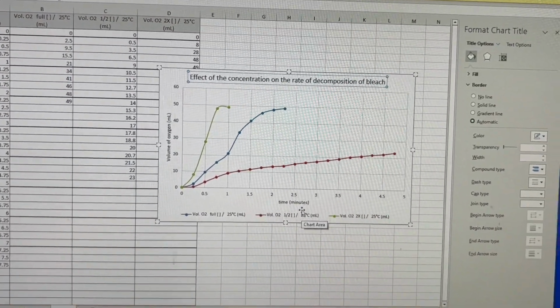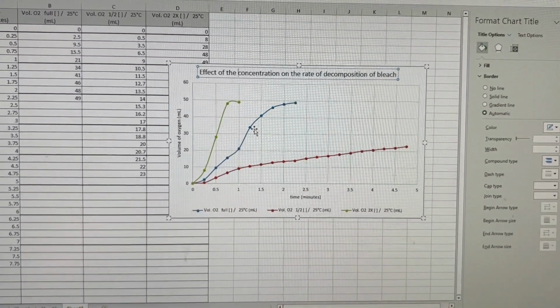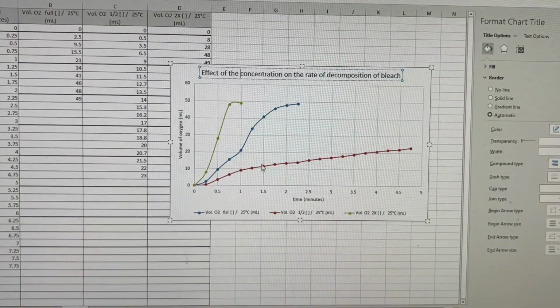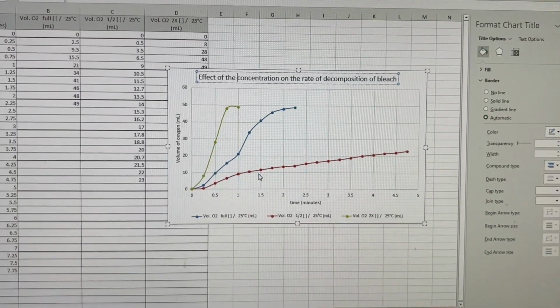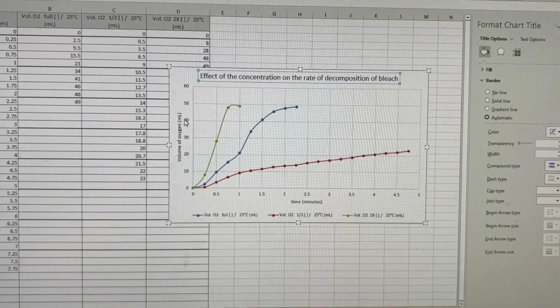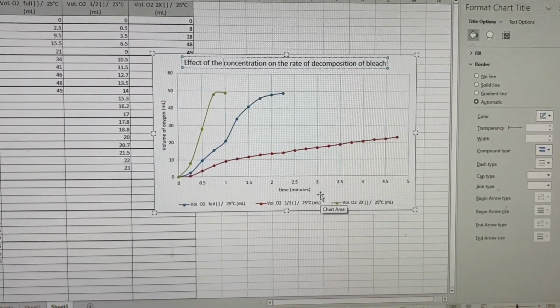Now what we need to do is have Excel give us the slope of each of these lines, because the slope being the rise over run, right? The slope of the graph here is going to be the volume of oxygen per minute, which is the rate of the reaction.